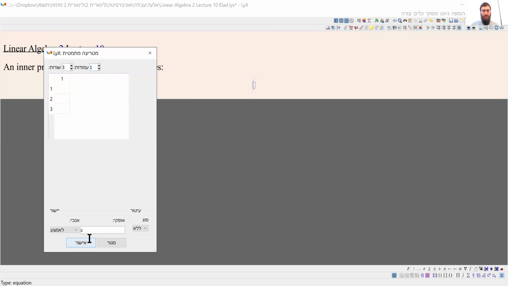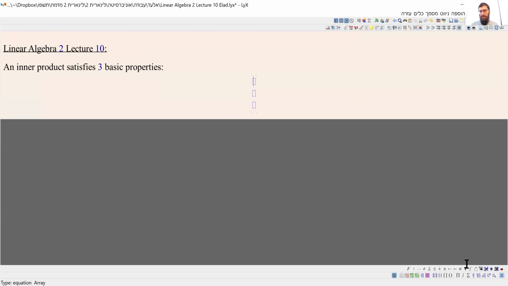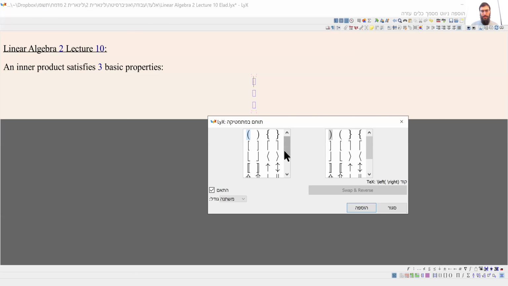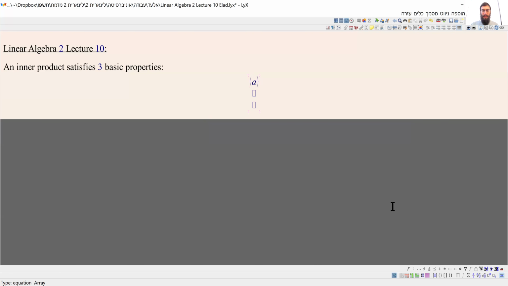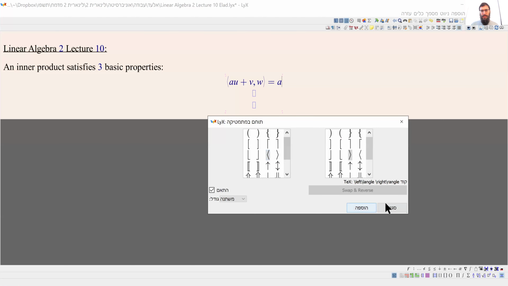First of all, linearity in the first coordinate: a(u plus v) and w is a(u, w) plus a(v, w).